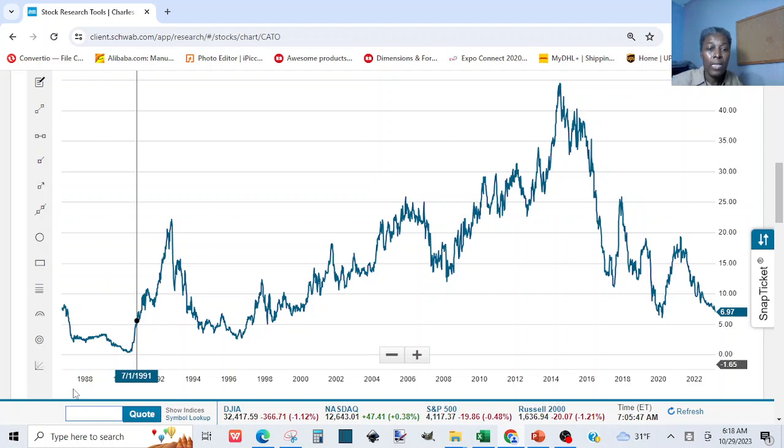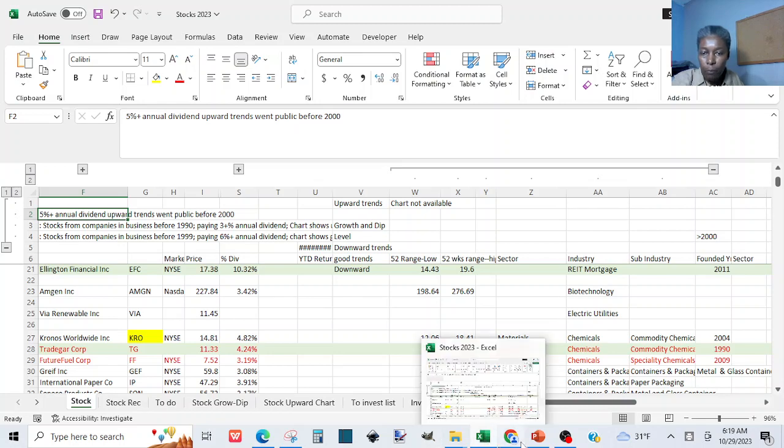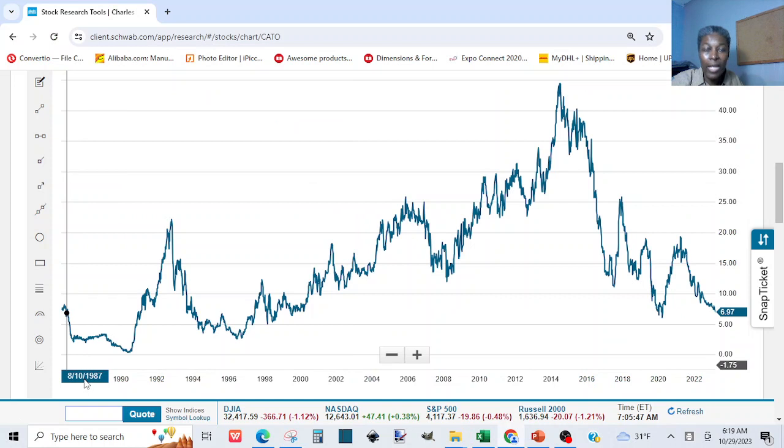And if we are working with companies before 2000, and at this point the company was 2002, for instance, therefore it failed this fourth criteria, and you do not continue forward, so that one is out of your list as well. You don't need to remove it from your spreadsheet. You can even add the year, but you just don't move forward with it. But this one will continue. So it's 1988, that's good.